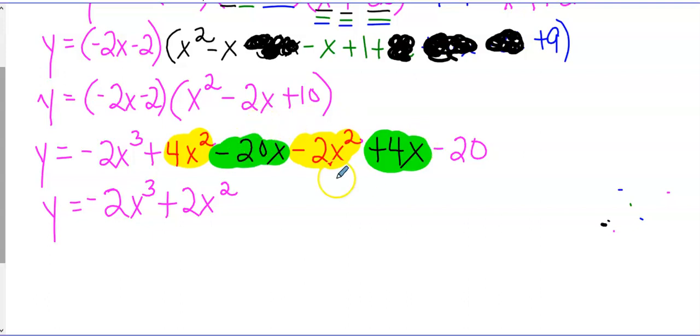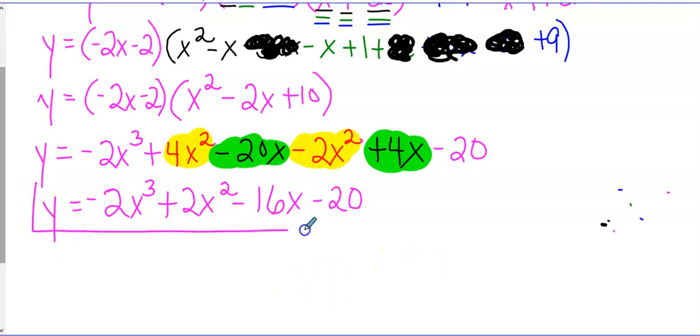Let's see, that's going to be minus 16x. And then minus 20, I believe. Let me just check my key and make sure I've got the same thing. Yep, I do. Okay, so this is standard form.